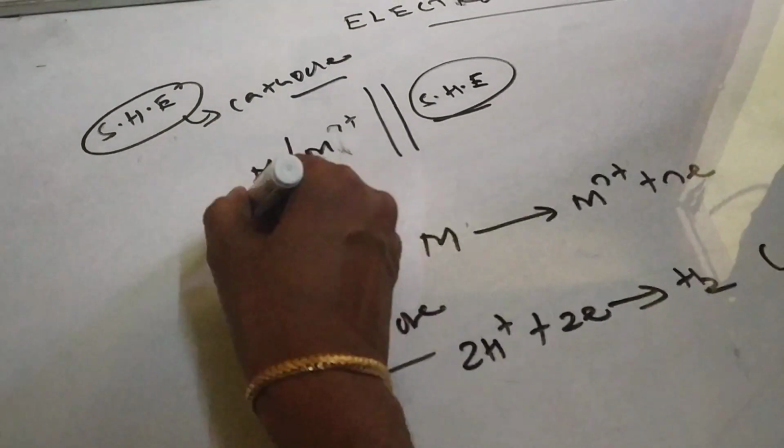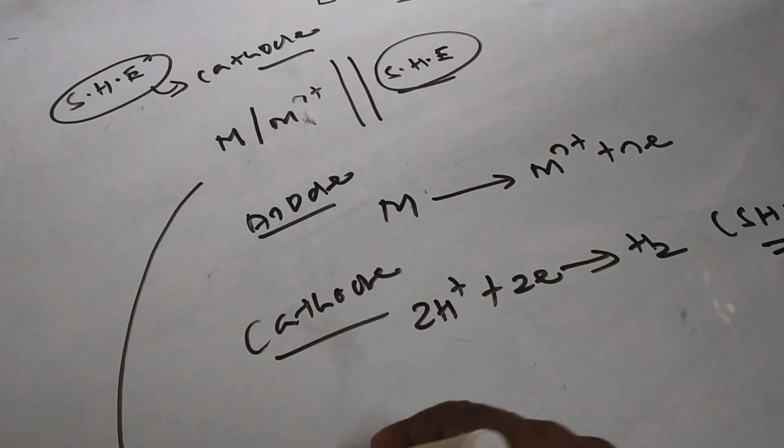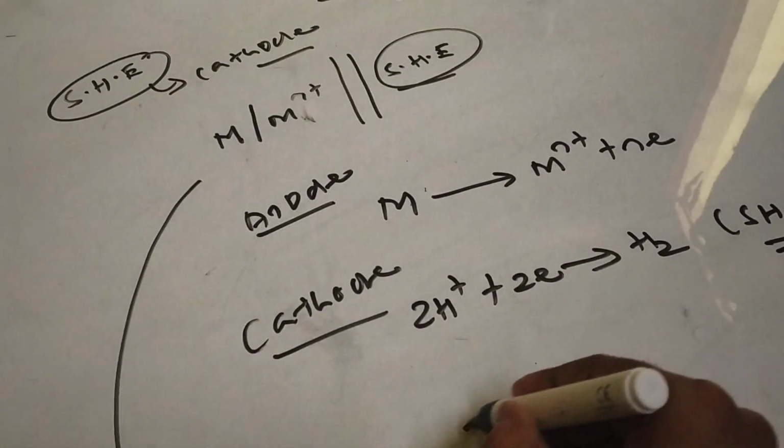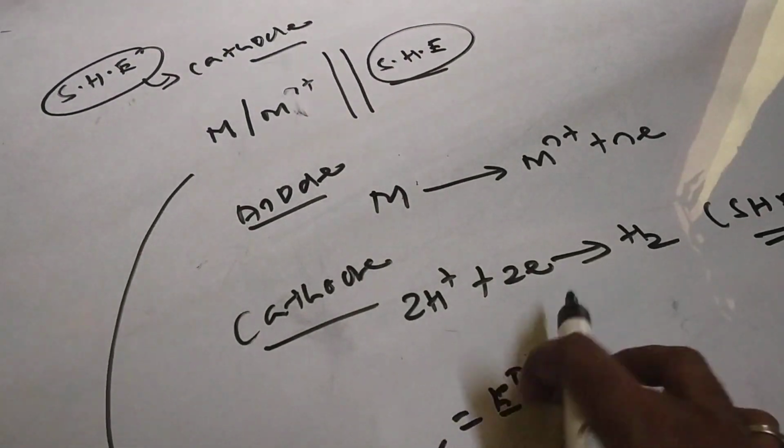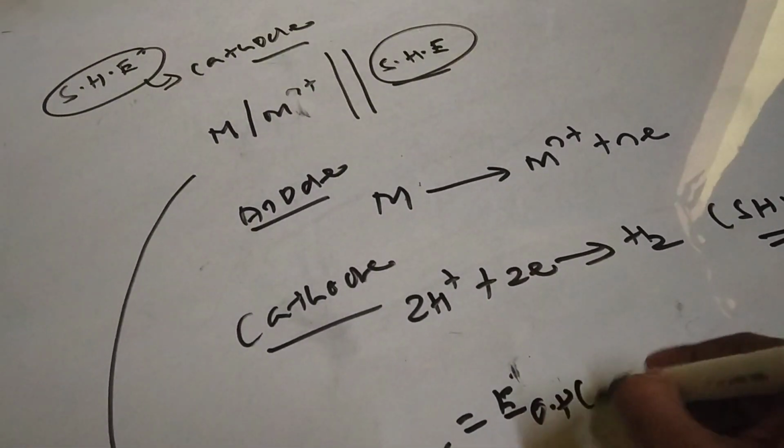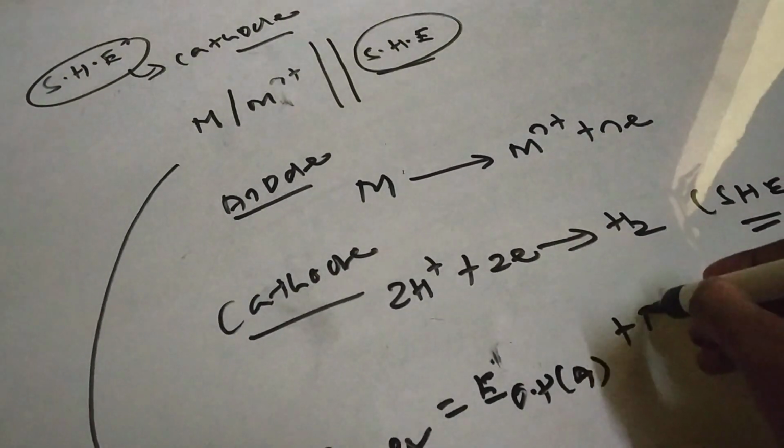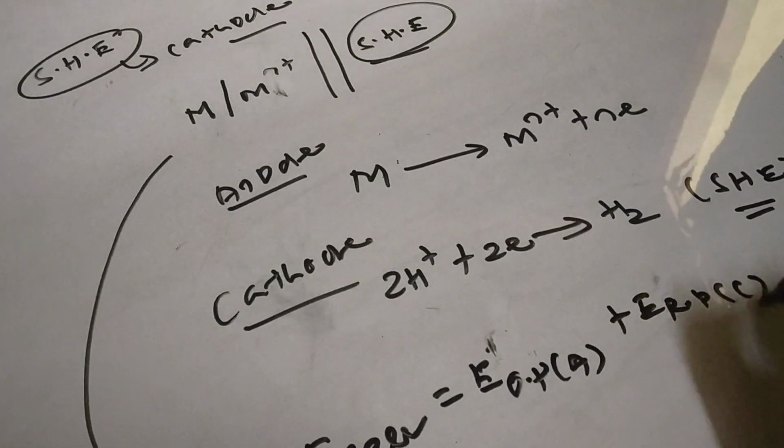Now if I want to calculate the cell potential value, I can write E cell is equal to E oxidation potential at anode plus E reduction potential at cathode.